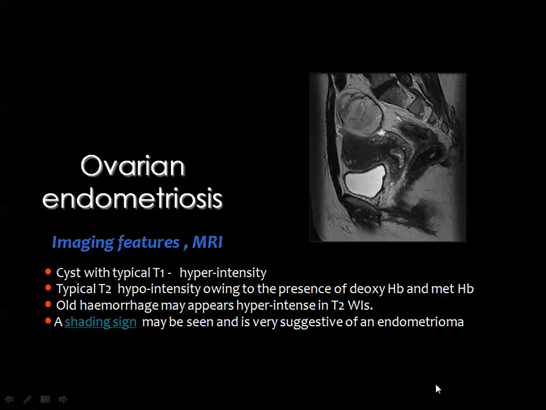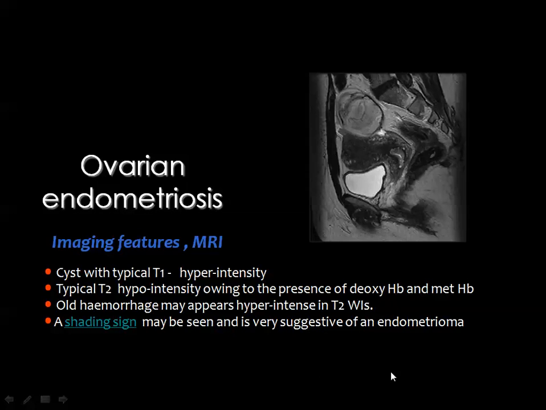And one of the criteria for endometriotic cyst to differentiate it from a hemorrhagic ovarian cyst is what's known as the shading sign. And the shading sign means that in the T2 weighted image, the cyst will lose its brightness compared to the hemorrhagic cyst.